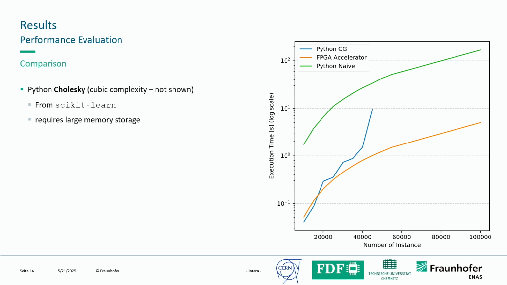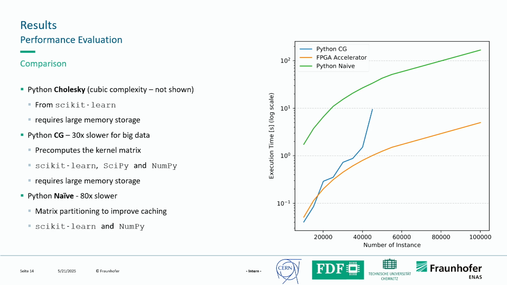But we saw what's out there. There's scikit-learn, which uses the Cholesky method. This has cubic complexity, and we're dealing here with quadratic complexity, so this is completely out of the question. And they don't do this on-the-fly calculation of the kernel matrix. They have to calculate it and save it into memory, and if you have big datasets, then it won't fit.